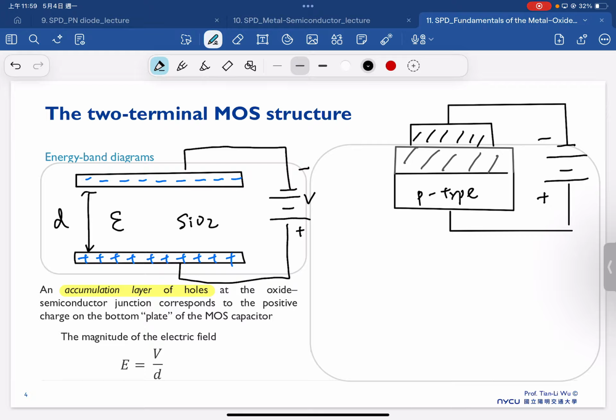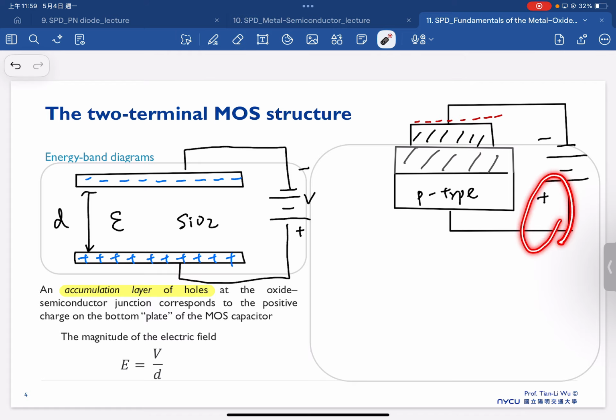Because I apply negative on top, we have negative charge here. And when you apply the positive here, the positive will push the holes, right? So the holes will try to flow away from the positive bias.